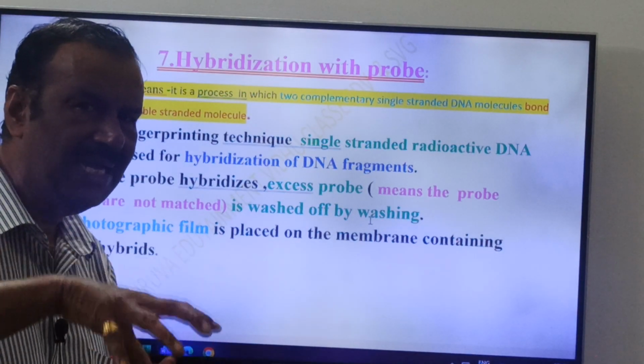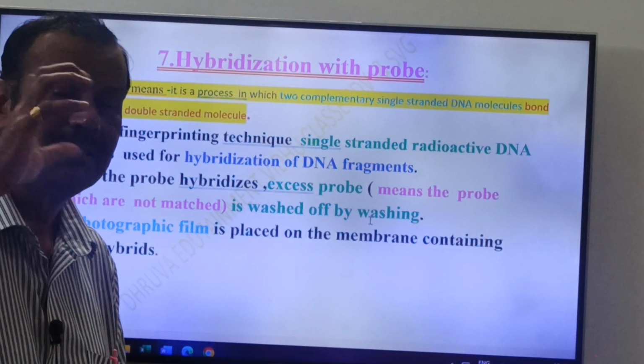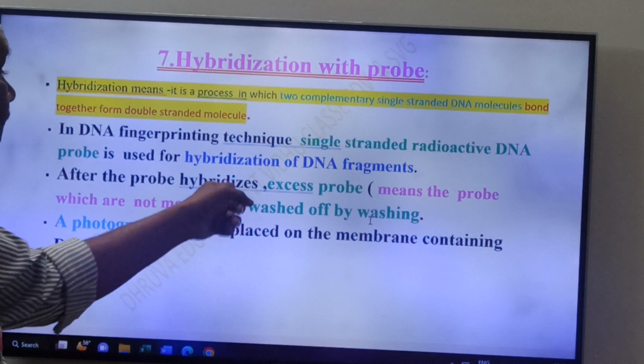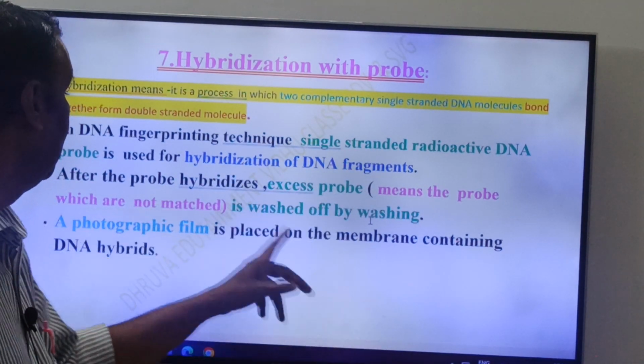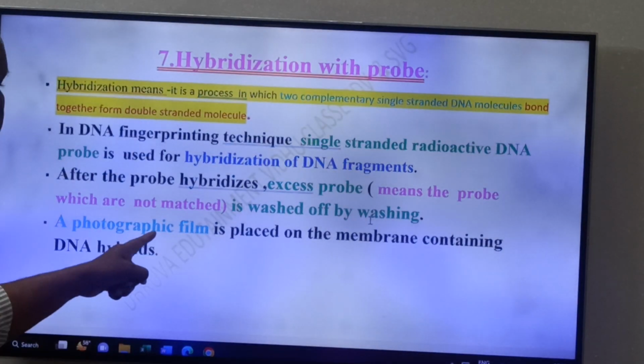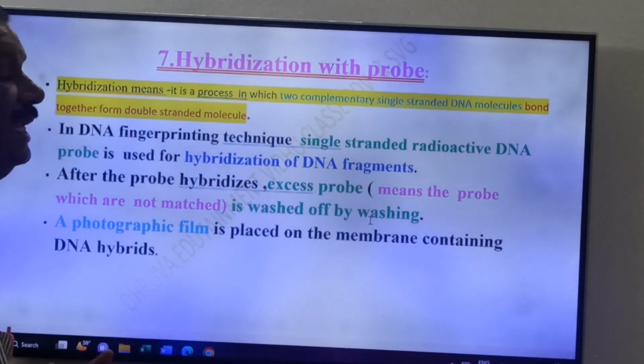Some of the probes matched with the sample DNA, and the remaining probe is unmatched. That excess probe is removed by washing.